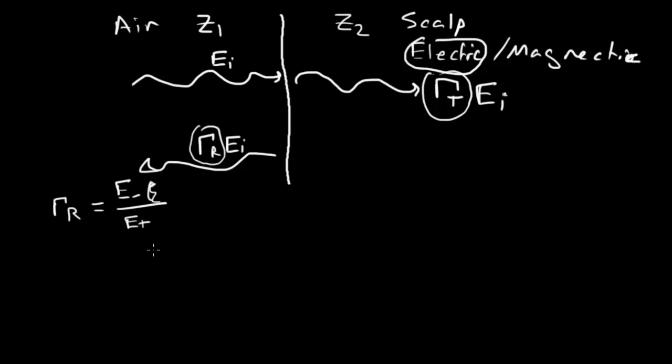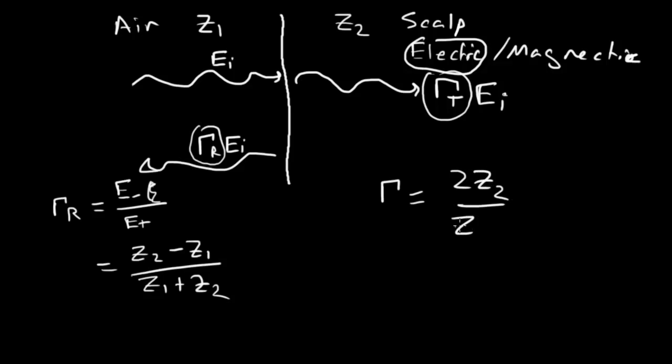The expression in terms of characteristic impedance is the load impedance, Z2, minus the first impedance, Z1, over Z1 plus Z2. And for the transmission coefficient, that comes out to be 2Z2 over Z1 plus Z2.